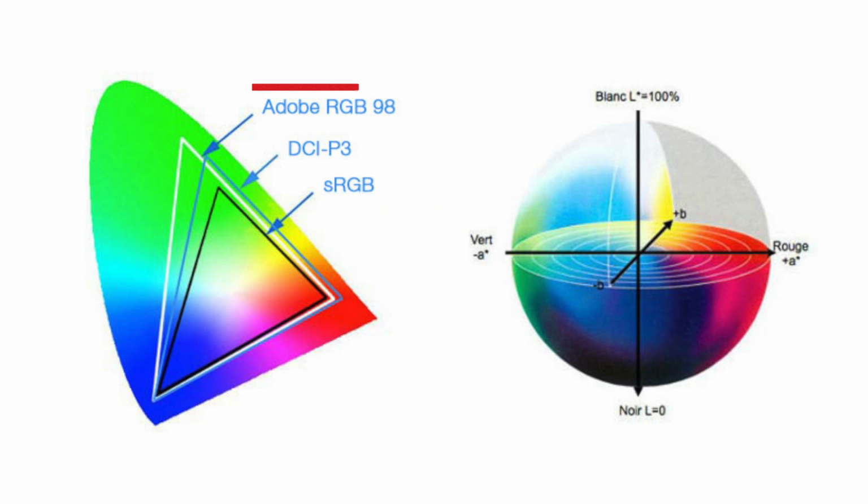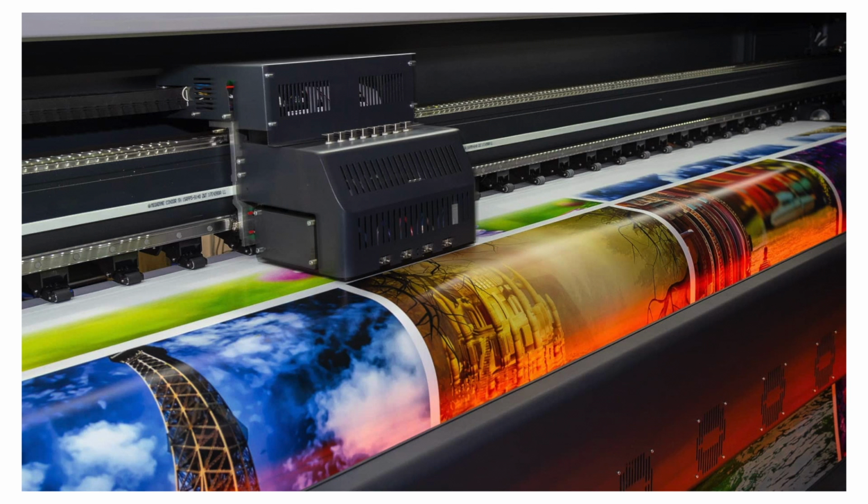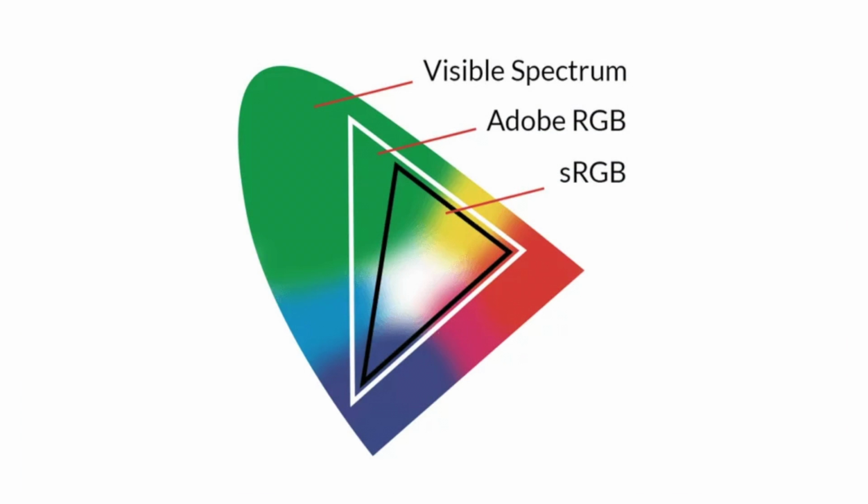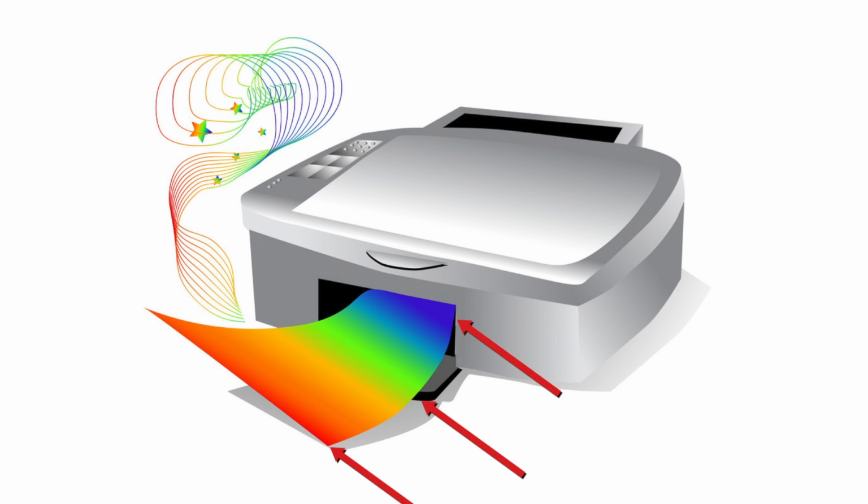The Adobe RGB color space is larger than the sRGB color space and includes more shades of green and red than sRGB, for example. Typically, Adobe RGB is only used for printing because using Adobe RGB over sRGB for printing allows you to take advantage of the larger range of greens, reds, and blues in your prints.